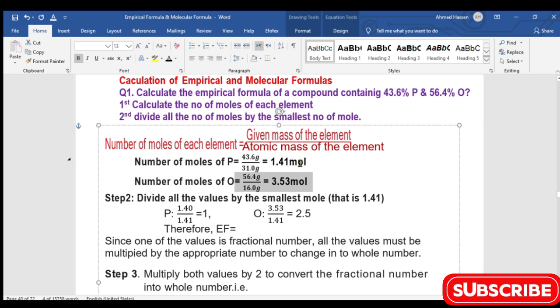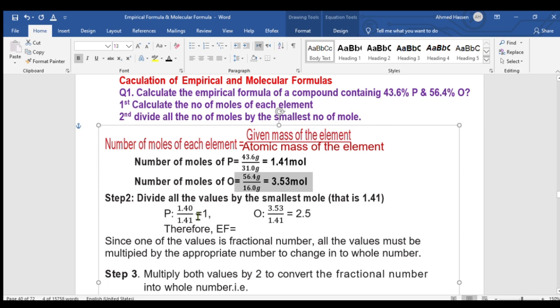The second step is to find the mole ratio, which means all the values, the numbers of moles calculated, must be divided by the smallest number of mole, which is 1.41. The mole ratios are the subscripts of atoms of elements that should be found in the formula.